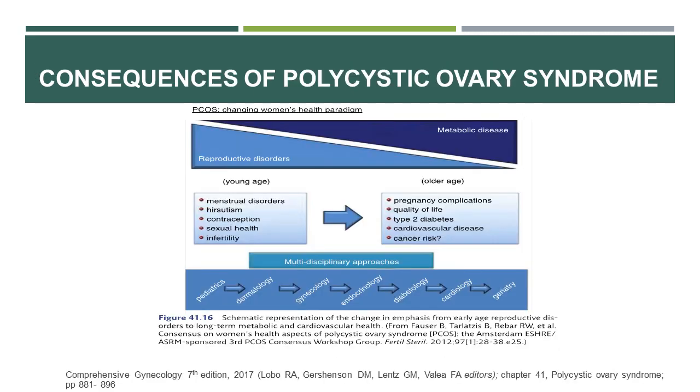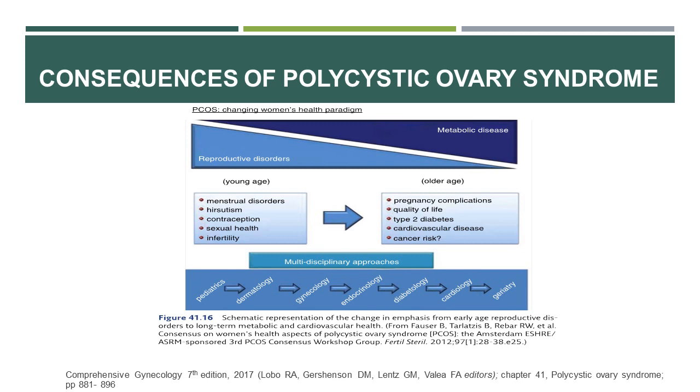Now, this is a very nice schematic representation of the change in emphasis from early age reproductive disorders to long-term metabolic and cardiovascular health. Whereas before, PCOS was seen to be largely a concern among reproductive age women only, nowadays there's a bit of a change in the health paradigm with regard to PCOS.